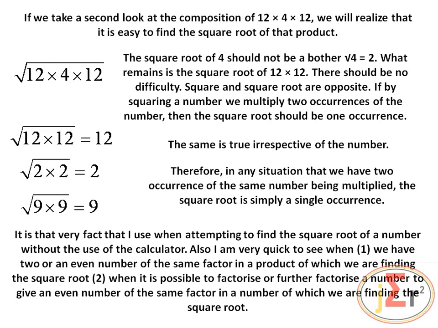Also, if we can factorize that number, that means write the number as a product of factors in such a way that we have an even number of the exact same factor, or we may further factorize that number in such a way that we have an even number of the same factor, then that number is a candidate for finding the square root mentally.